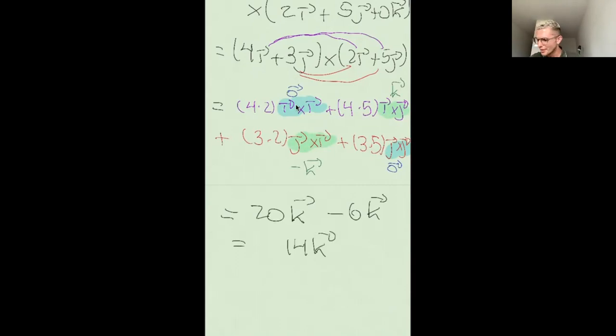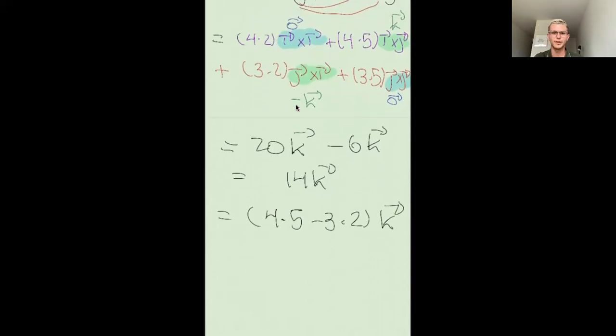But let me rewrite it this way: 4 times 5 minus 3 times 2, K. Is that okay? That's the same, right? It's 20 minus 6, which is 14.